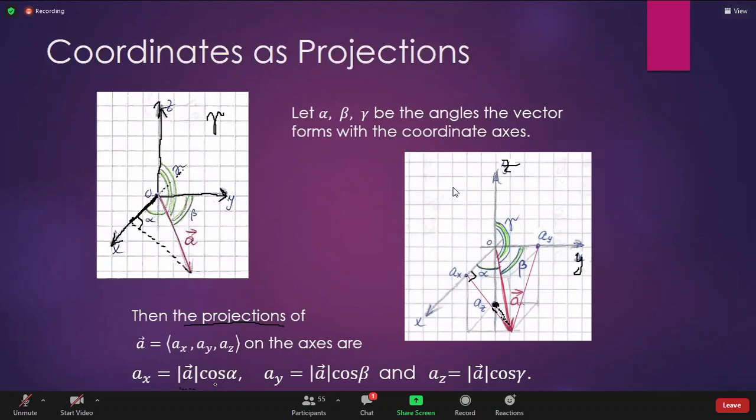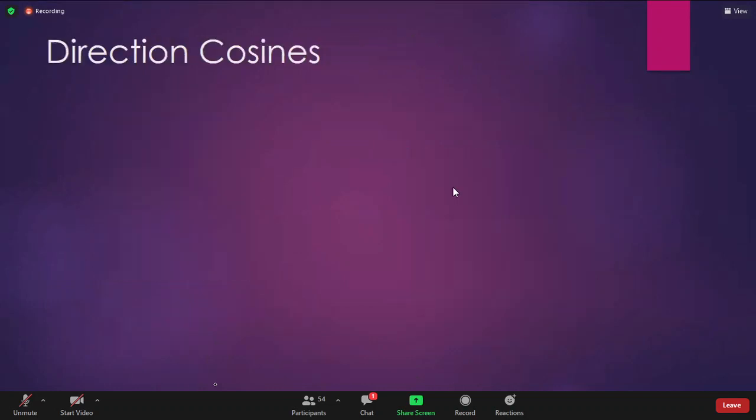So there's a new interpretation, a new idea about the vector coordinates. The vector coordinates are actually projections on the axes, or sometimes we call them simply components. The vector component in the x direction, in the y direction, in the z direction, because it indicates how far we need to go in the three main directions in order to reach the endpoint from the starting point.